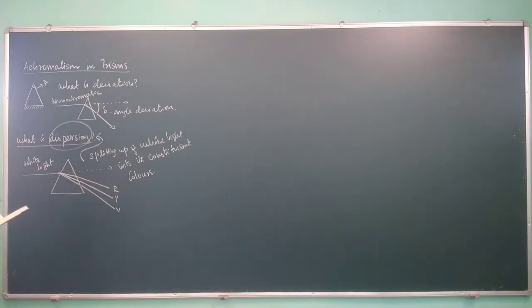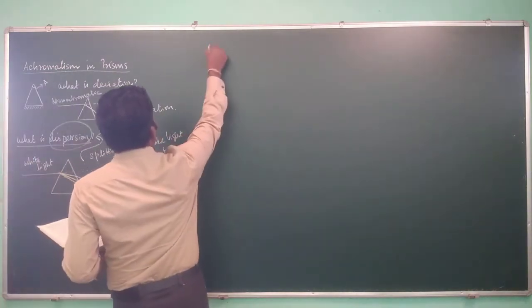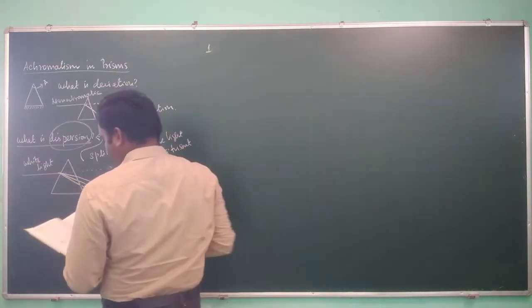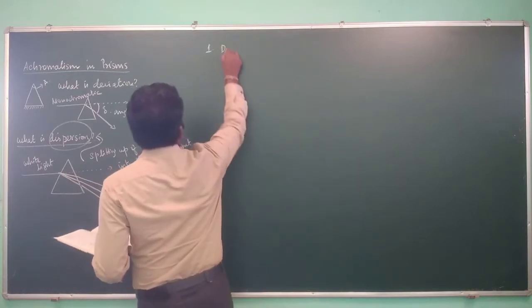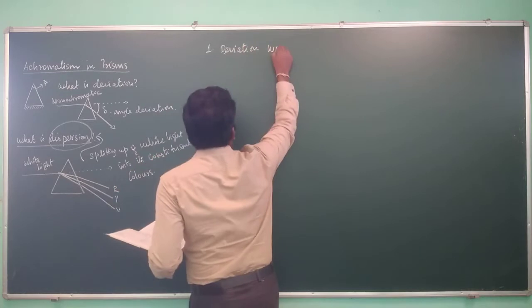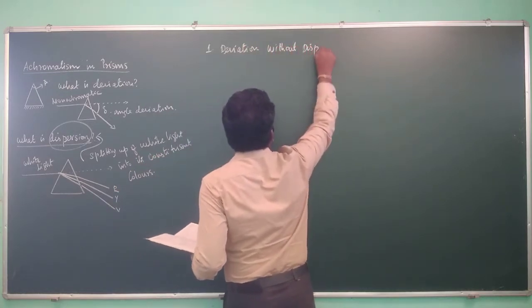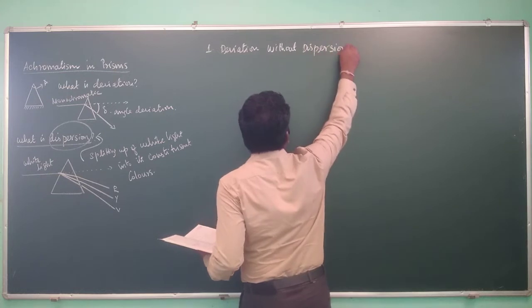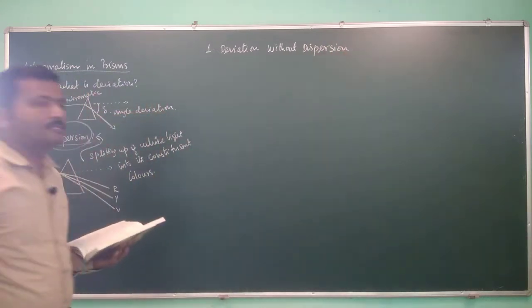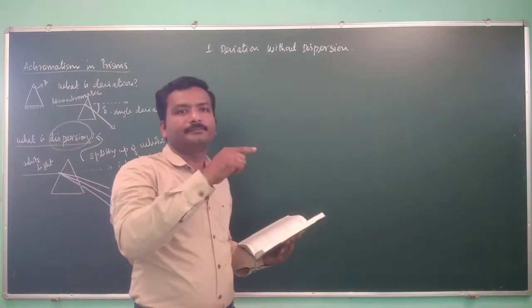Now, we are going to see two cases. Case number 1: deviation without dispersion. What does it mean? We are going to pass white light into a prism.